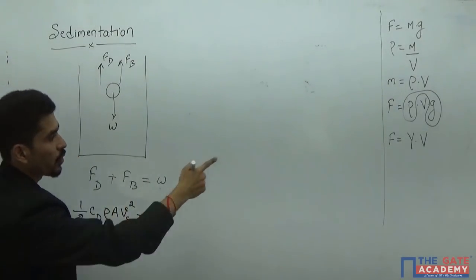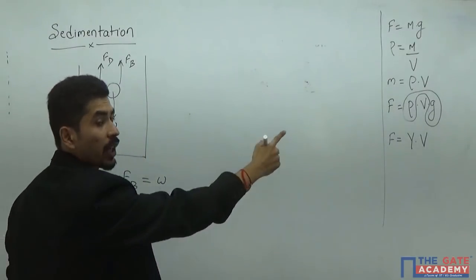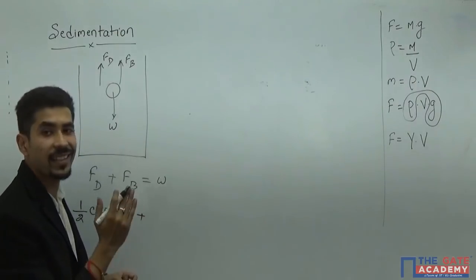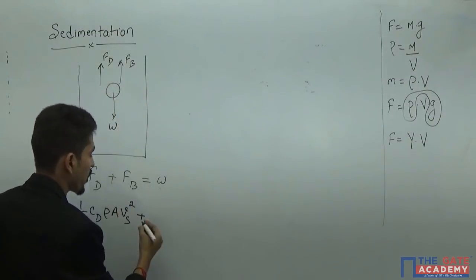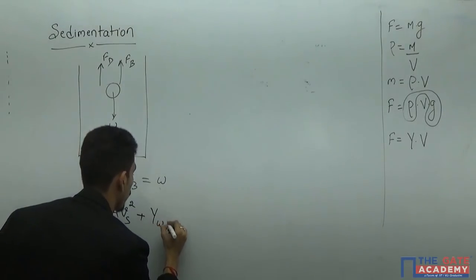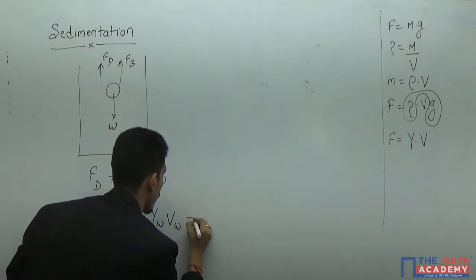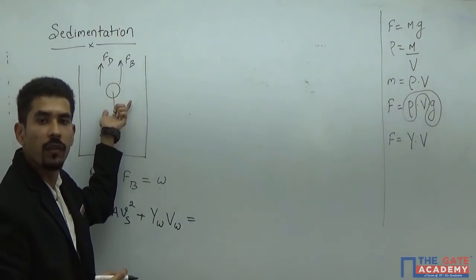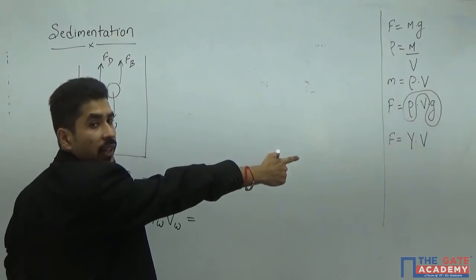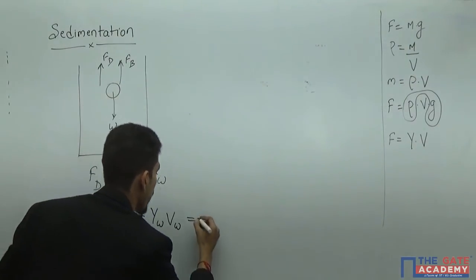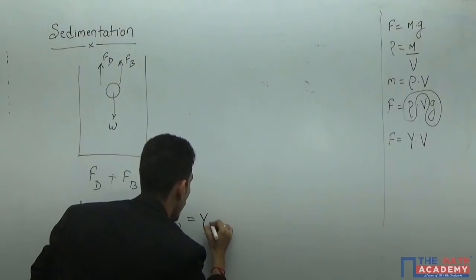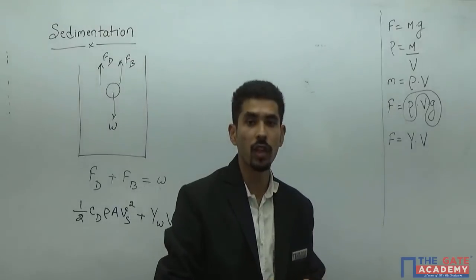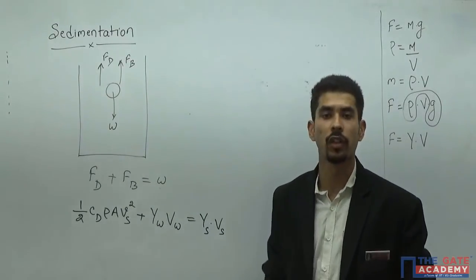Buoyant force I will write in the form of gamma into volume. Since buoyant force is exerted by water, I will write it as gamma W into VW, where VW is the volume of water displaced. The weight of the solid particle, again in terms of gamma into volume, can be written as gamma of solids into volume of solids.